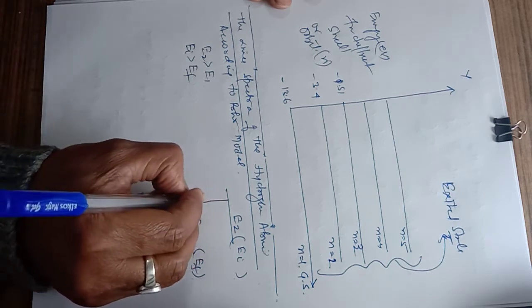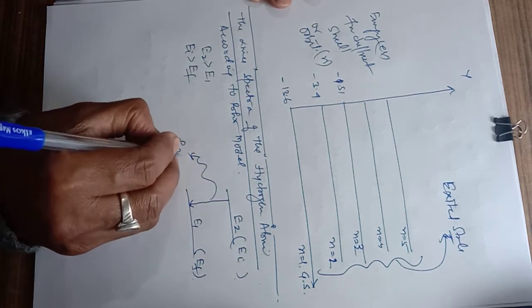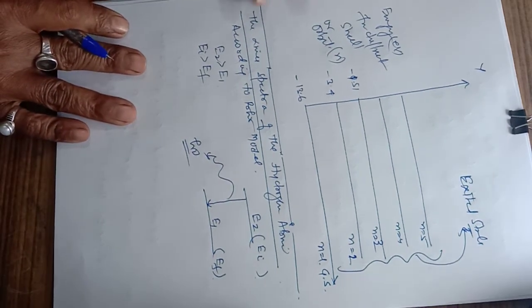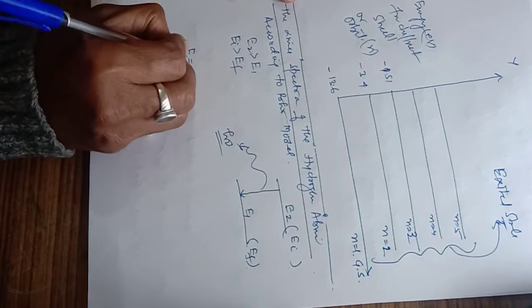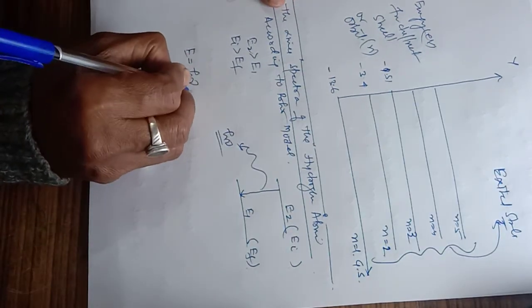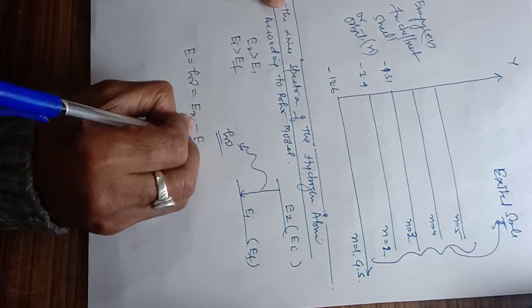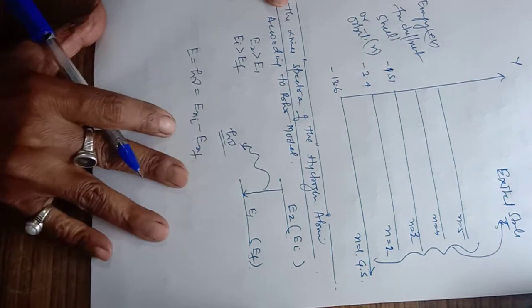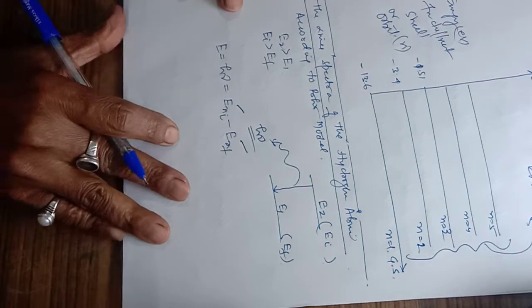So when the electron moves from here to here, then the energy is released in the form of photon. So that energy E is equal to h nu, and that will be equal to the energy of the ni level minus the energy of the nf level. Means this is the higher level, this is the lower level.